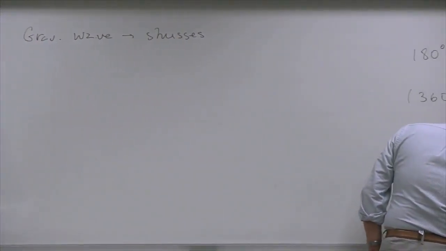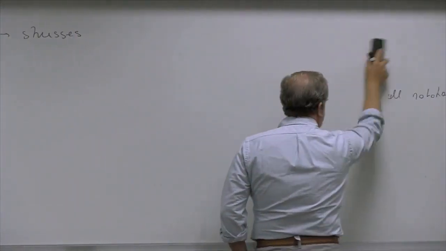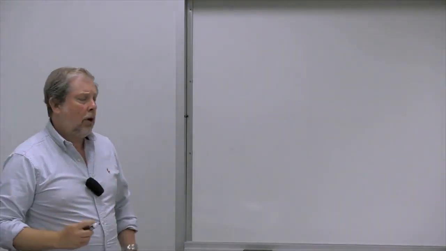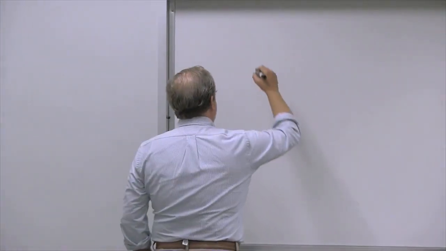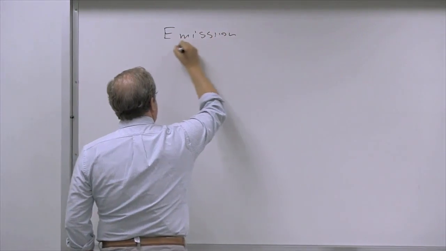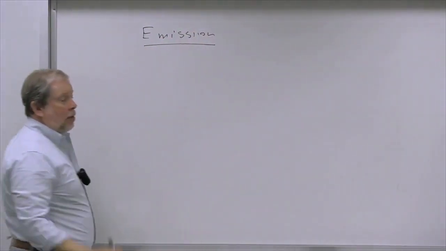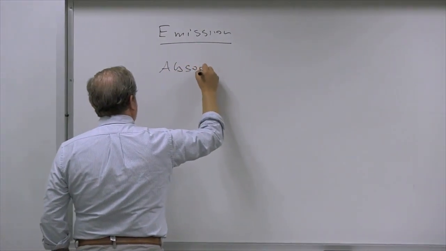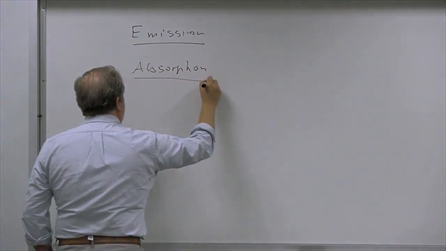And so the next step is what I've advertised at the beginning of the lecture, which is written out here on top, which is the fundamental processes that lead to observation of gravitational waves. The first one is the process by which these are emitted, so the emission process, and the absorption process, right?